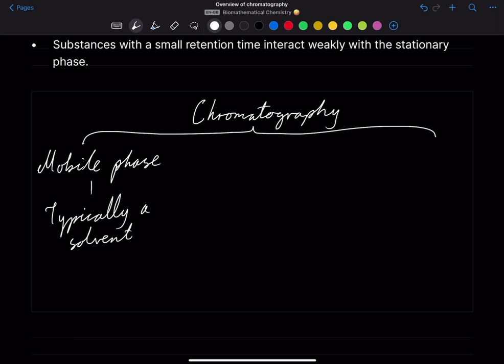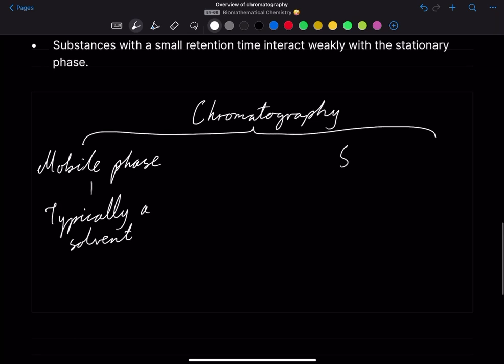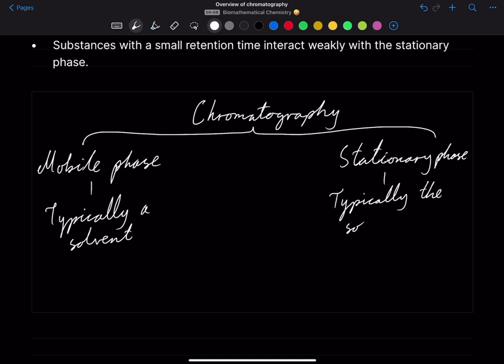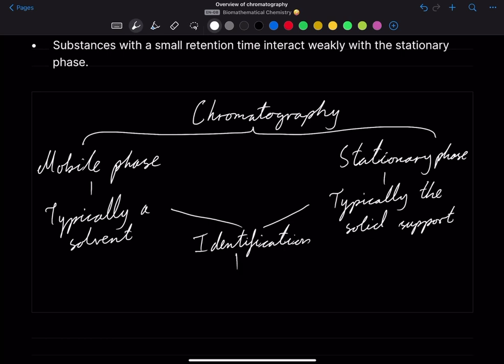This is the most important part: just understanding that you have a mobile phase, which is typically a solvent, a stationary phase, which is typically the solid support, and what connects the two for identification is really affinity.